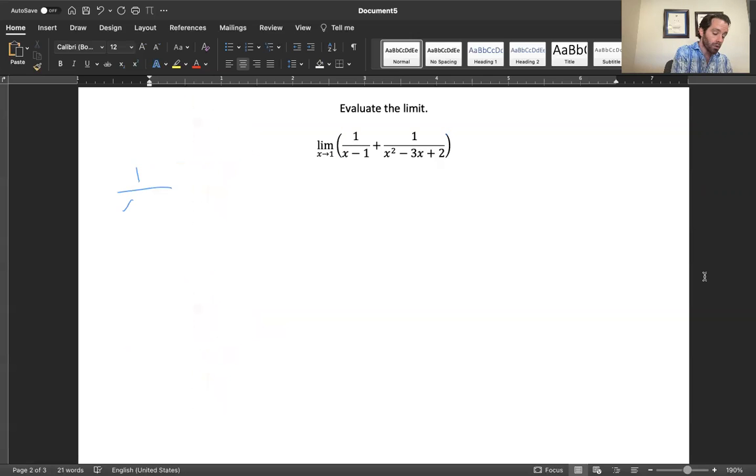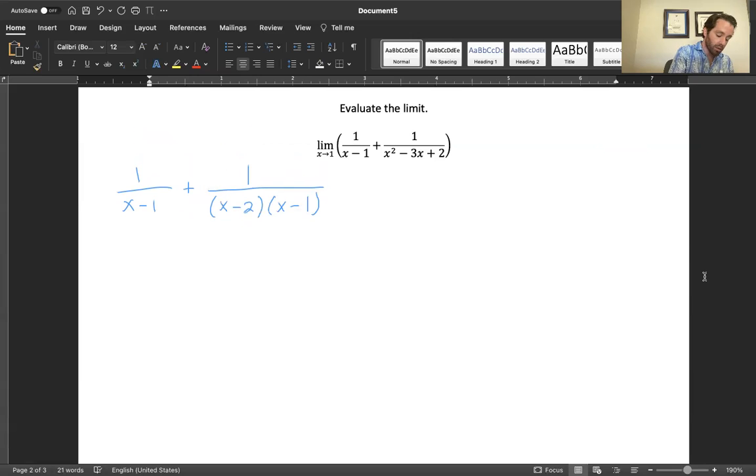So 1 over x minus 1 plus, and the big ticket with common denominators in algebra is factor. So factor the second one: that looks like x minus 2 times x minus 1. And it's a good thing we factored because they share that factor.